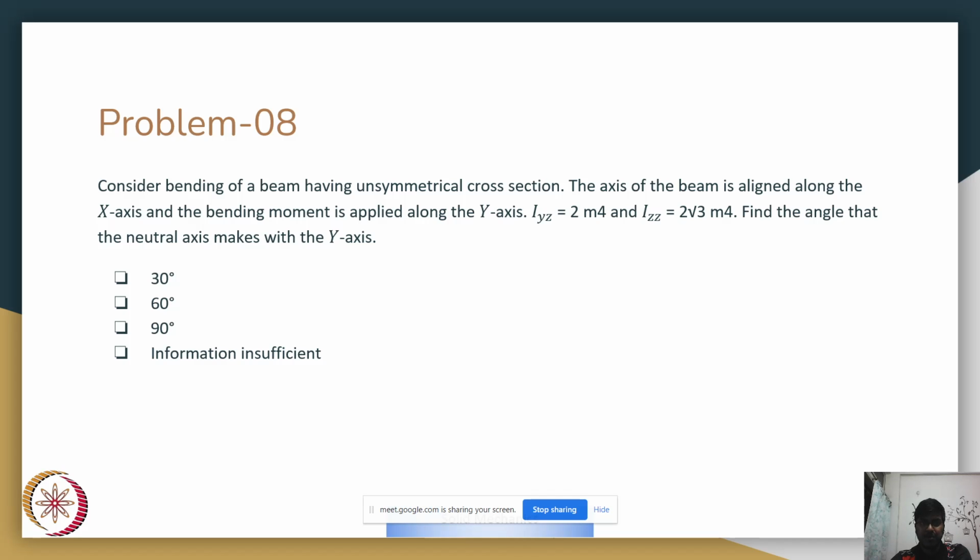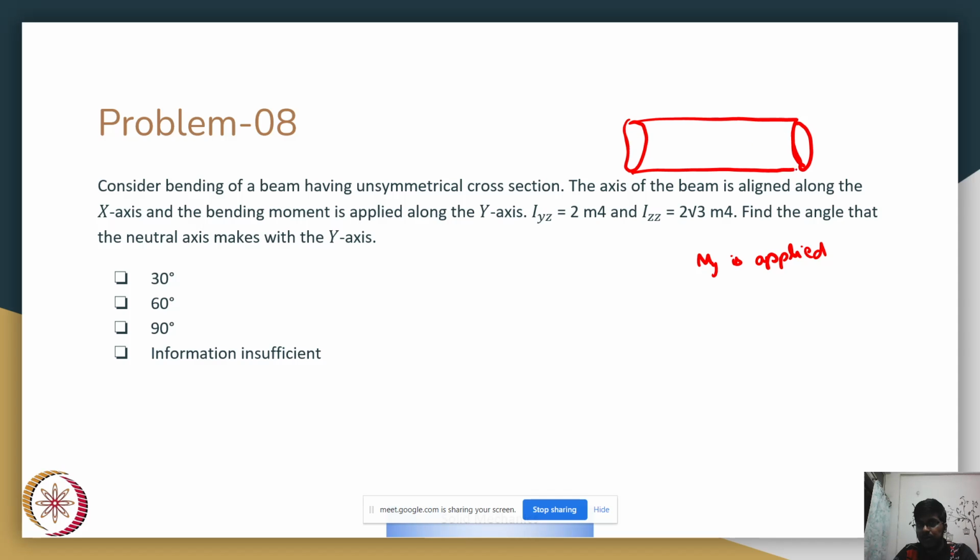Consider bending of a beam having an unsymmetrical cross section. The axis of the beam is aligned along the x-axis, and the bending moment is applied along the y-axis. So we are told that My is applied. Suppose this is my beam cross section, drawn along the x-axis.